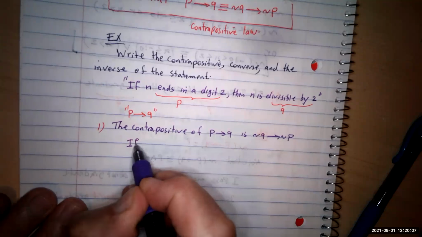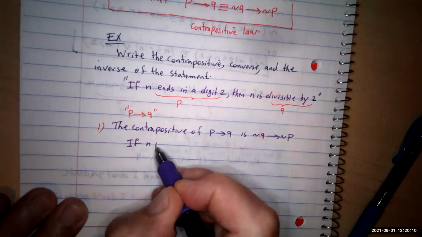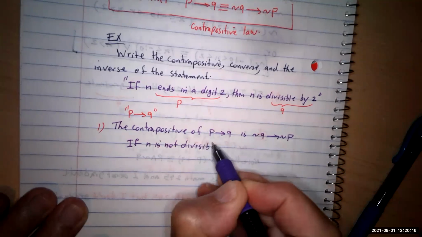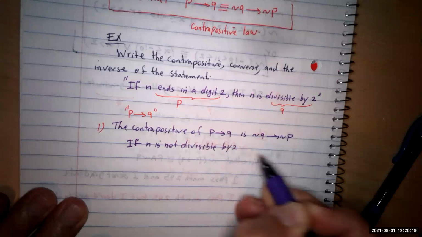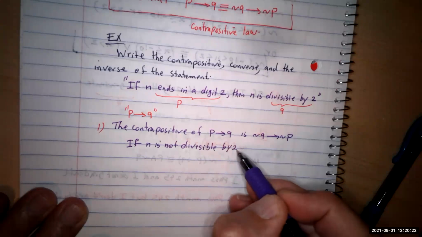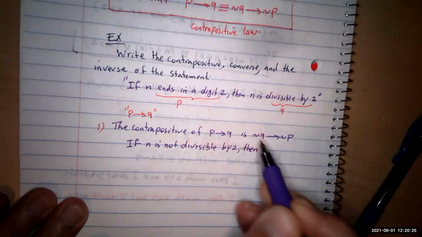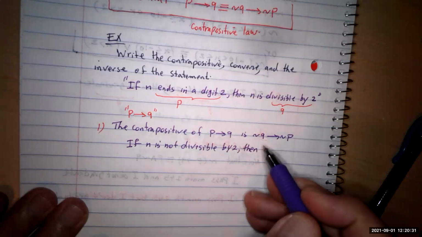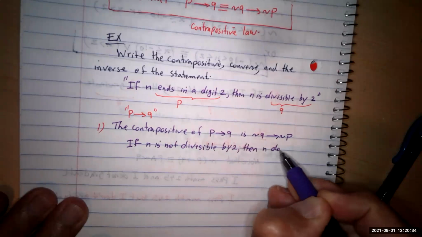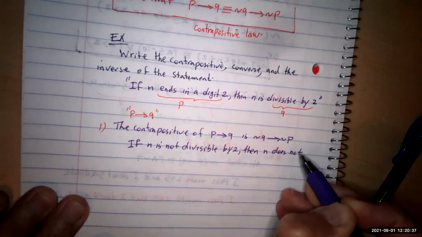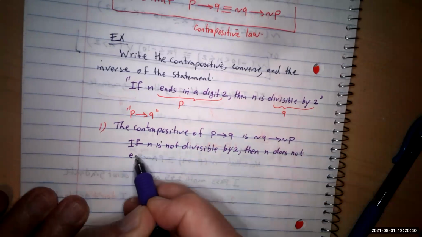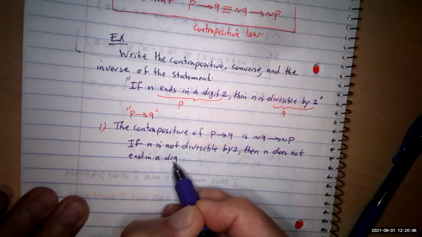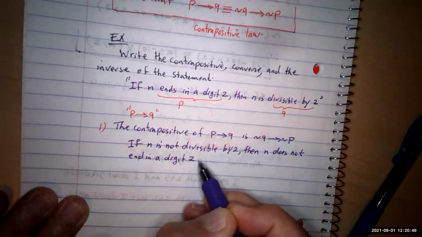If n is not divisible by 2, then n does not end in a digit 2, and then we're done.